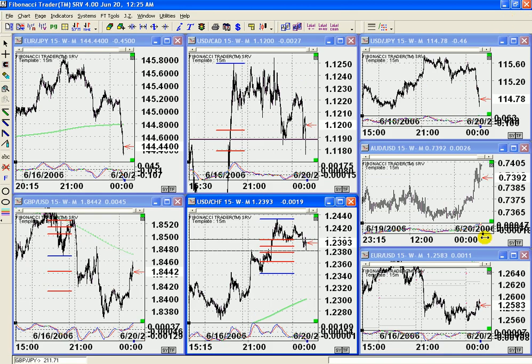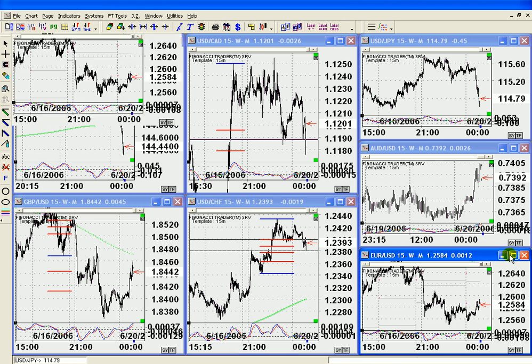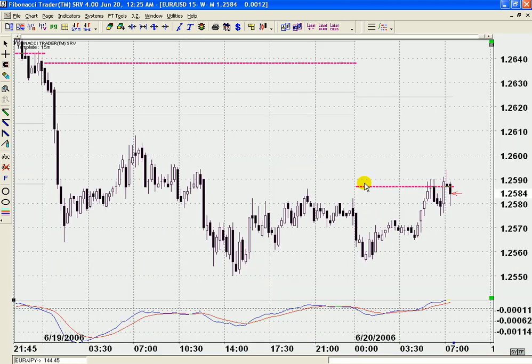Let's look at the euro here now. The euro is a little bit sloppier, and we need to see it start to move down here and break out of this range. We need to see it move below 2580.